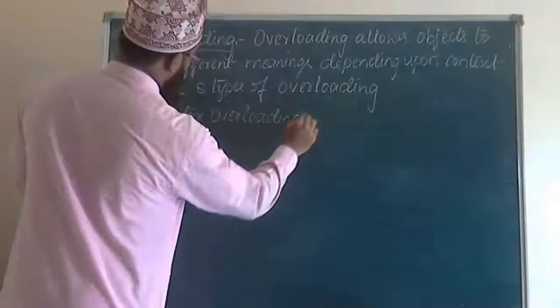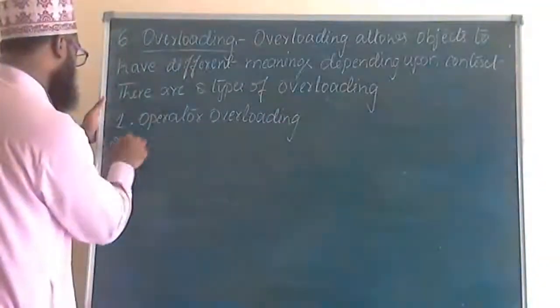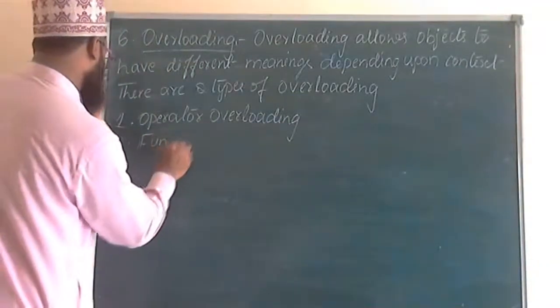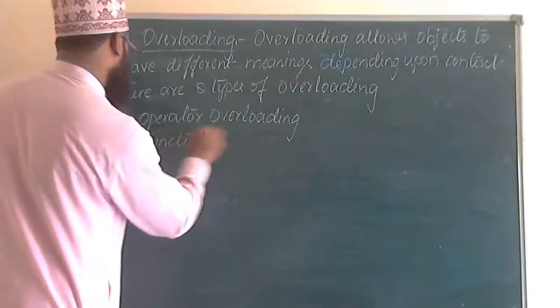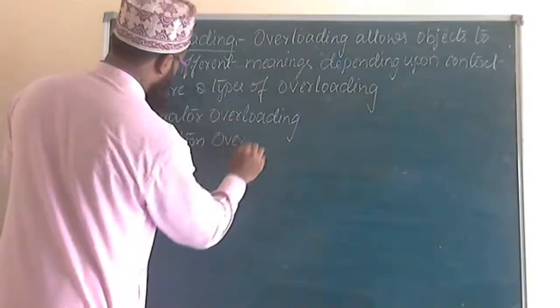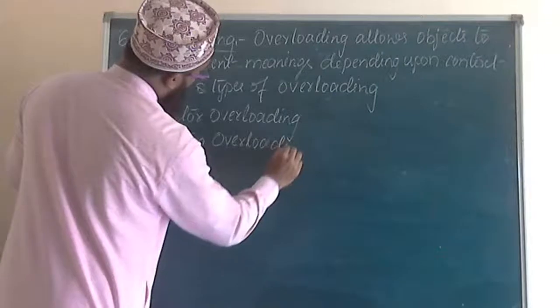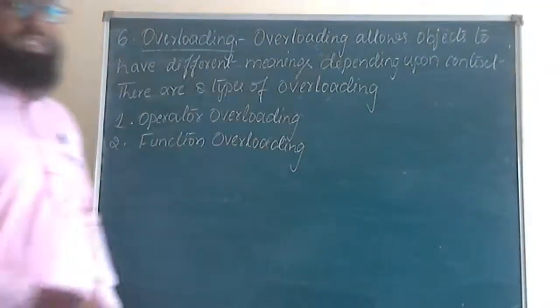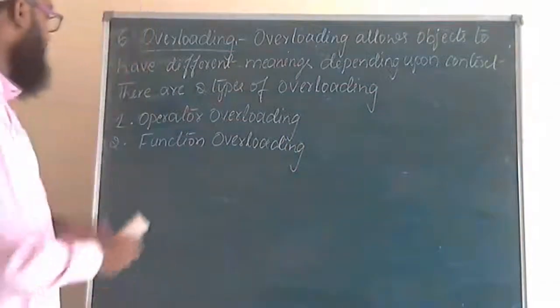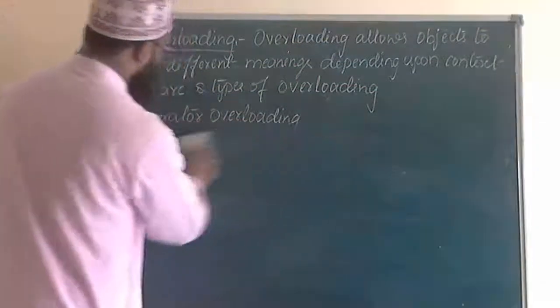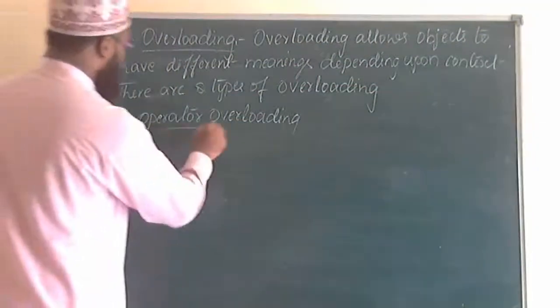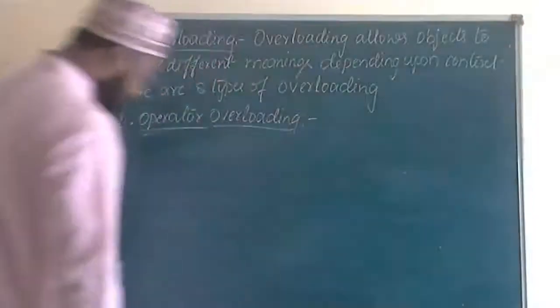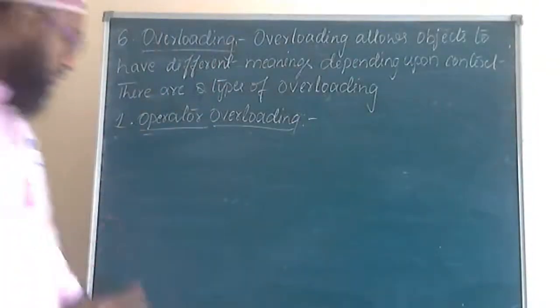The next one is function overloading. Two types of overloading are there. One is operator overloading. The next one is function overloading. Come, first we shall see what is operator overloading. What is meant by operator overloading?